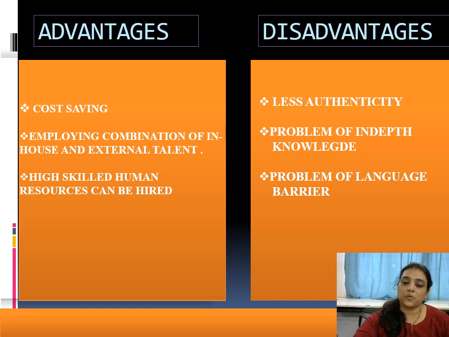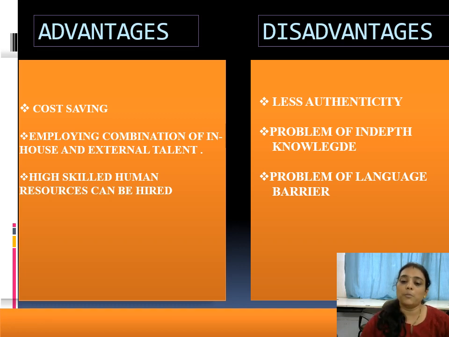Again, there are disadvantages: less authenticity of the particular information which they are giving. Maybe the information they are giving can be diluted information. Again, the problem of in-depth knowledge. Maybe the people working in my organization don't have much knowledge, and the people the outsourcing is providing may also not have in-depth knowledge about the laws and various things, so there can be a loss to my company when I depend on outsourcing.